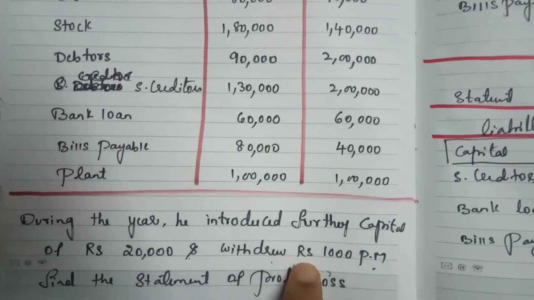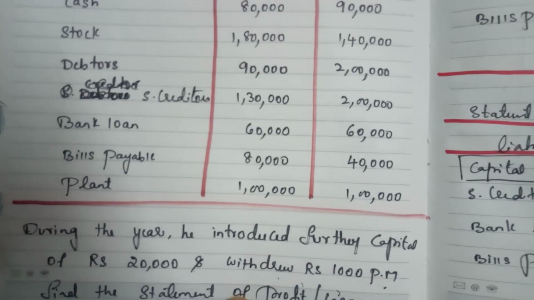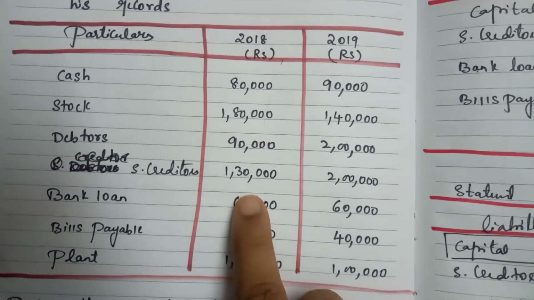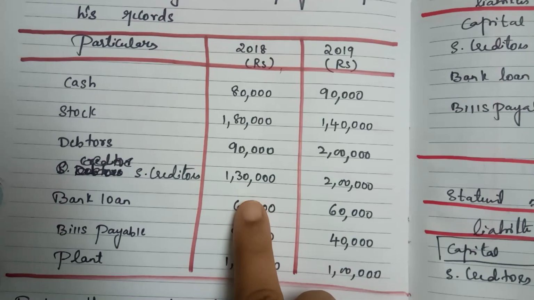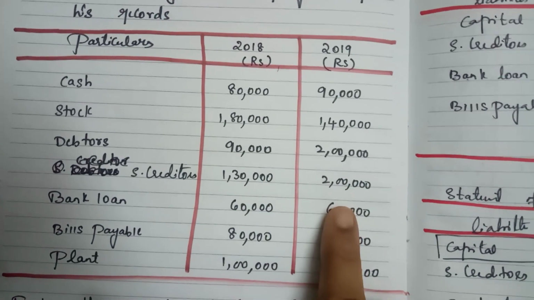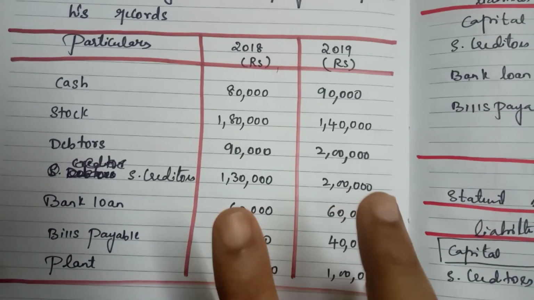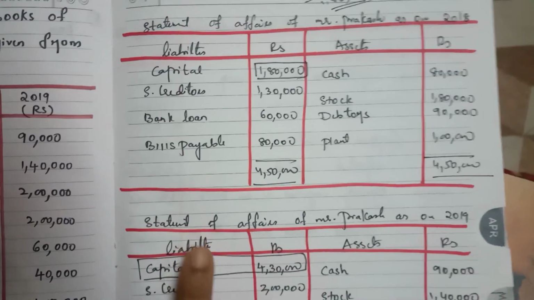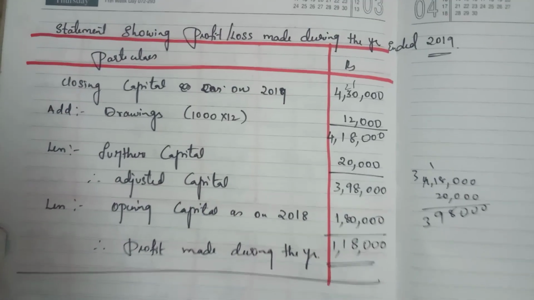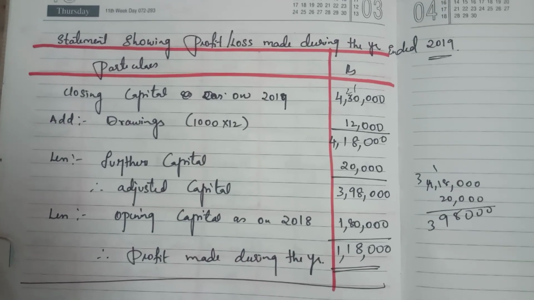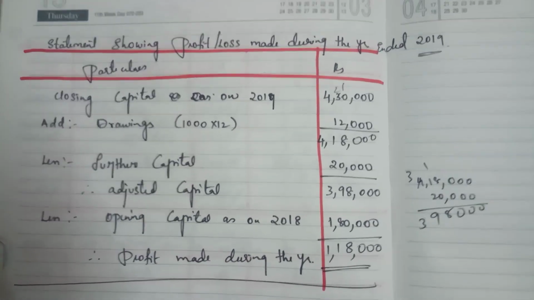This is generally what we'll do. So even if they give you opening capital in the question, it's okay, no problem. We have to find out only the closing capital. If they don't give both, we have to prepare in this way. Okay, so in this way you need to prepare the statement of affairs as well as the statement showing profit or loss. That's it.